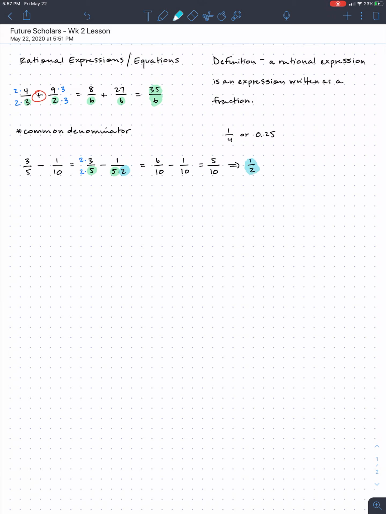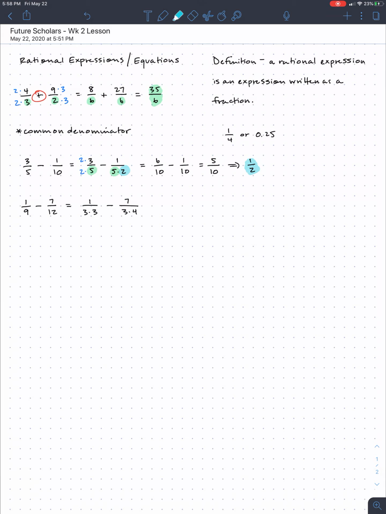So that way of finding the common denominator is how I'm going to express some of these examples. So we'll do one more. Let's do 1/9 minus 7/12. Okay. So if I'm looking at these two fractions, I'm going to break them up just how I did before. 9 is the same as 3 times 3. And 12 is the same as 3 times 4.